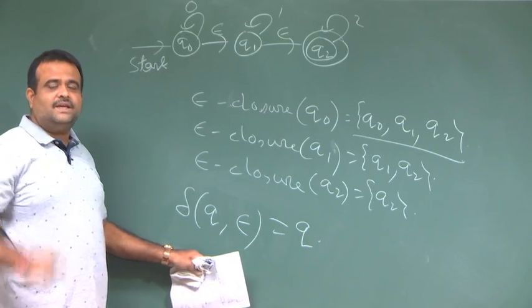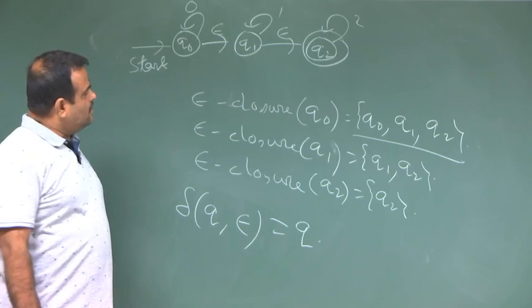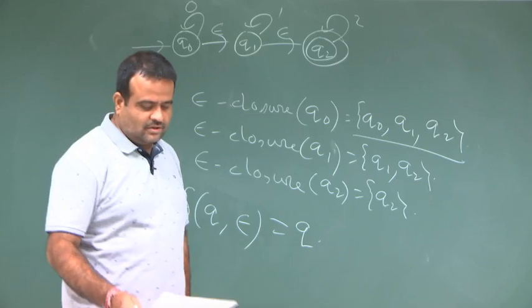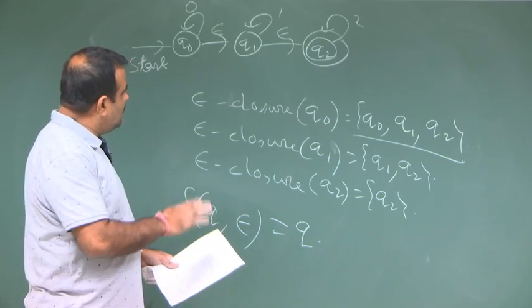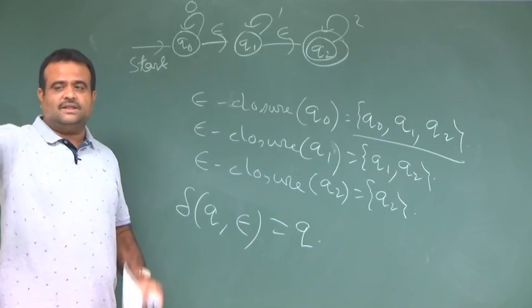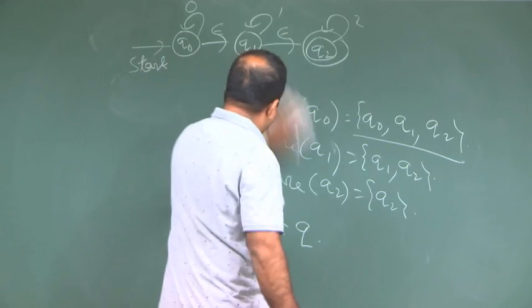If we are not seeing any input on the tape, we remain at that state. This is the way we define the epsilon closure. Epsilon closure is a path: only by epsilon moves we can reach from one state to another state, and that will be the epsilon closure of that state.